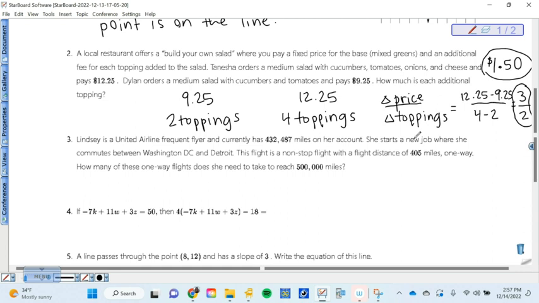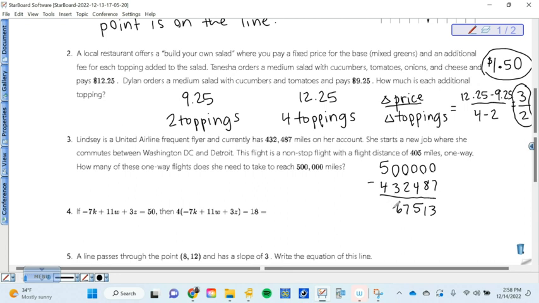The difference between. Yeah. So what is the difference between how many miles she needs and how many miles she currently has? How do I find that? Yeah, you subtract, right? 500,000 minus 432,487, which gives us what? There you go.